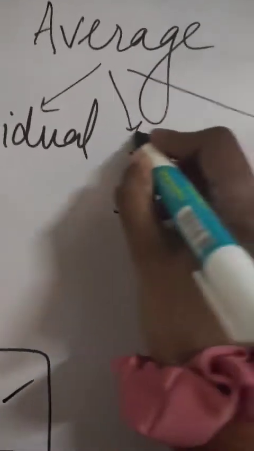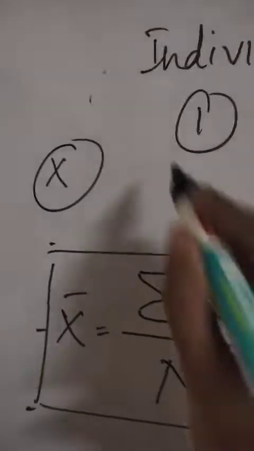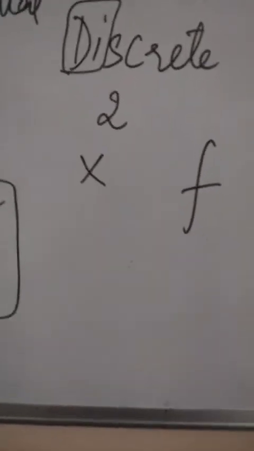Now talking about the second series, it is the discrete series. Discrete, the word di means 2. That means here the data was given of two things, right? Here the information will be x and f.